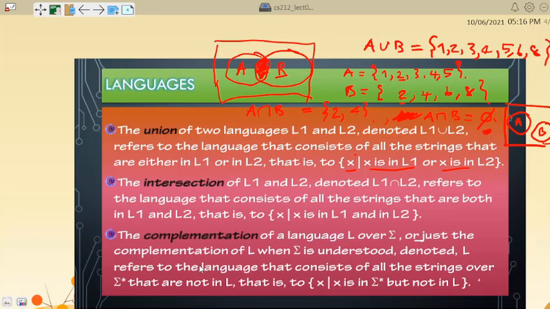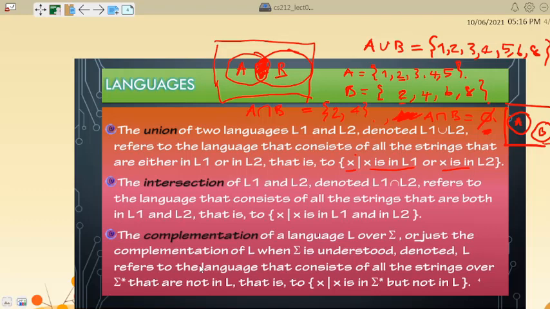Okay. Here, if you have languages L1 and L2, then L1 intersection L2 refers to the language whose strings are in both L1 and L2. So if x is a string, x must be in L1 and x must be in L2.